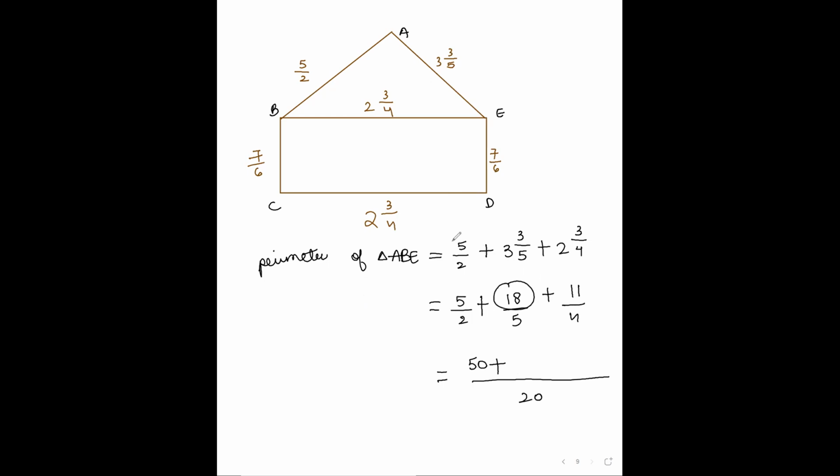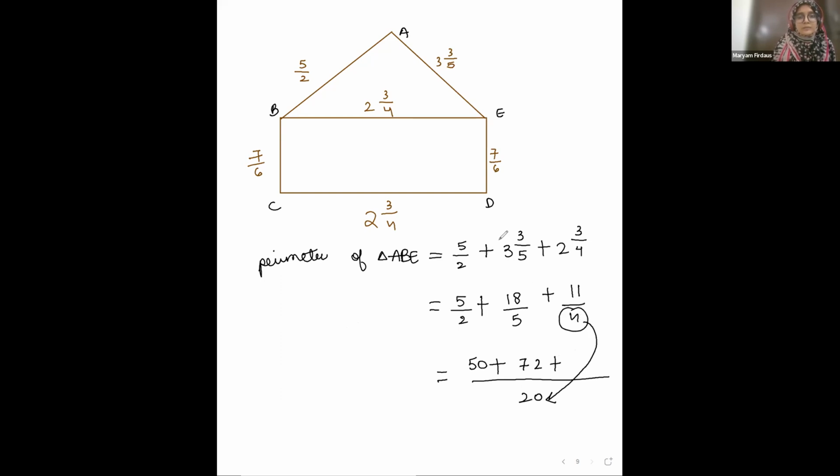So 18 multiplied by 4 is 72. Very good. Next, 4 multiplied by what? 5. So 11 multiplied by 5, and that is 55. Add them all up.